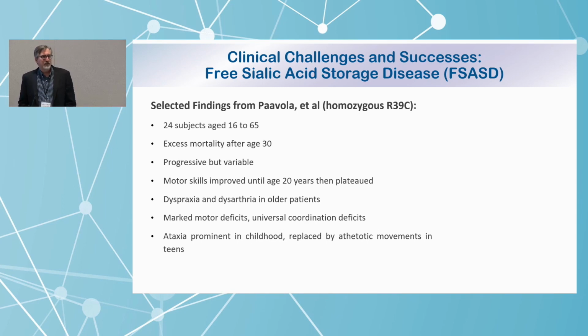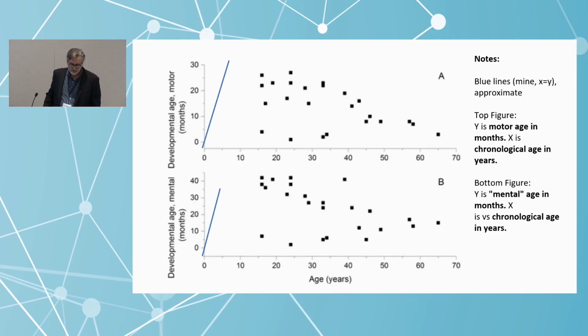I was interested yesterday that several groups talked about motor scales that we might think about using in this population, since hypotonia and developmental delay are usually present at the time of diagnosis. Usually 8 months to 2 years or so is when the kids get diagnosed. Ataxia is prominent in childhood, and then can be replaced by athetotic movements as the disease progresses.